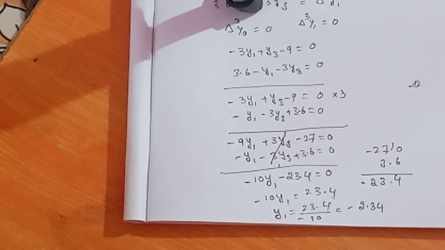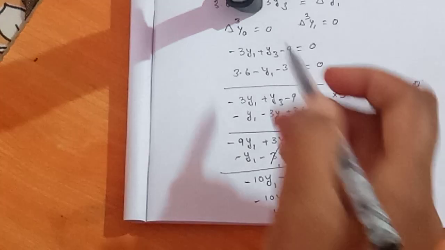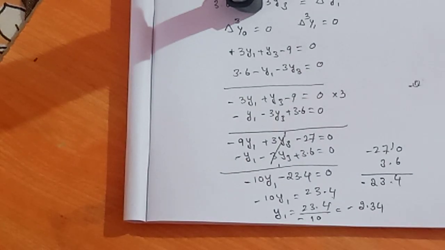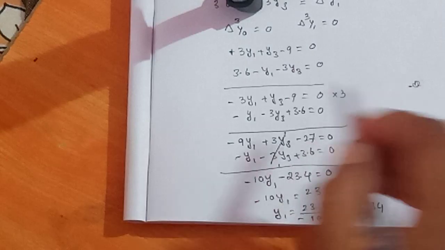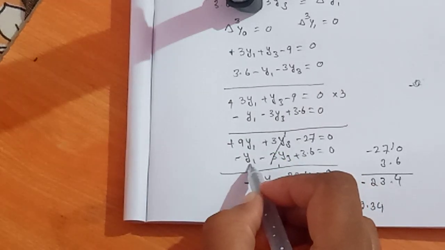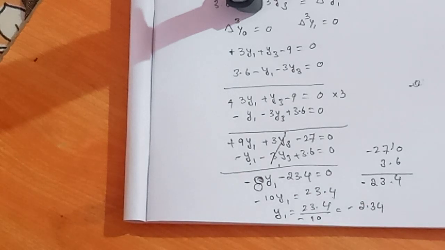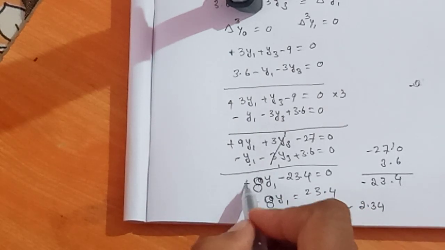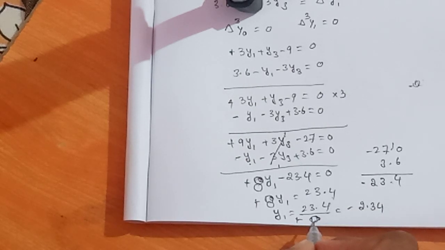Okay, so now we got y1. So 3y1, sorry, I did a small mistake. This is plus 3y1. Sorry, 3y1 plus y3 minus 9. So it becomes plus 9y1. So minus 9y1 minus y1, it becomes 8y1. So it also becomes plus. So divided by 8.